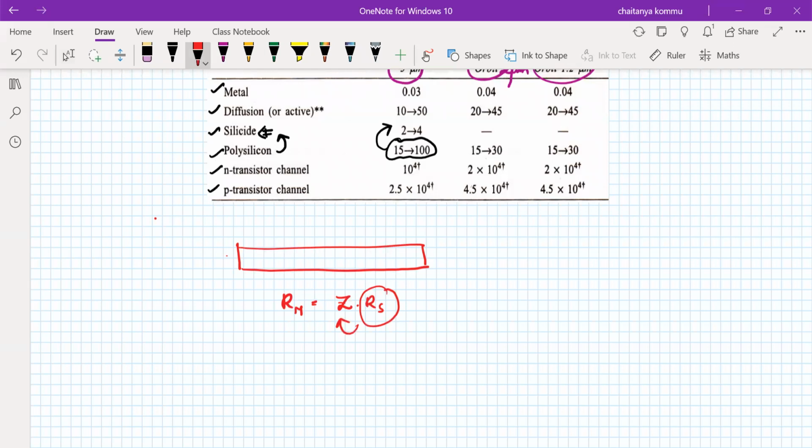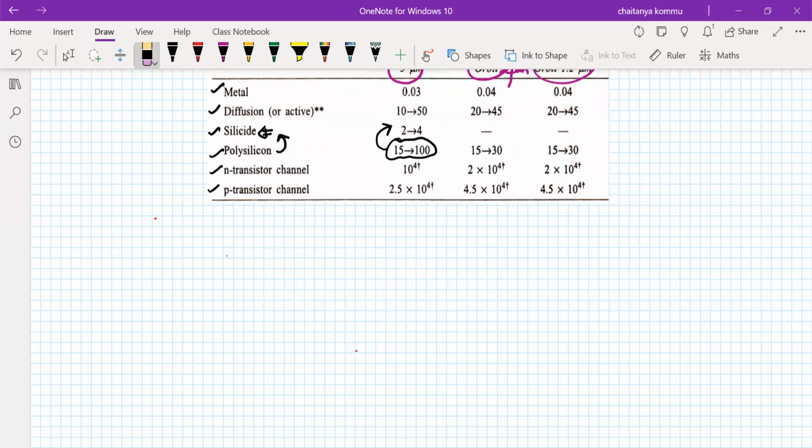In other words, we divide the entire material into different squares. How many squares are there? For example, this is one square, second, third, fourth, like this. 1, 2, 3, 4, 5, 6, 7, 8, 9. So it will be 9 R_S, and in R_S we can substitute the value and get the resistance. Okay, so this is from a material point of view.